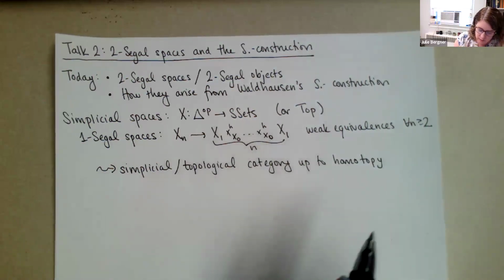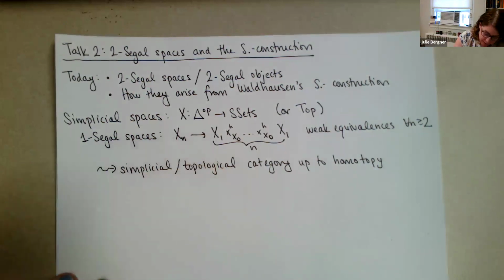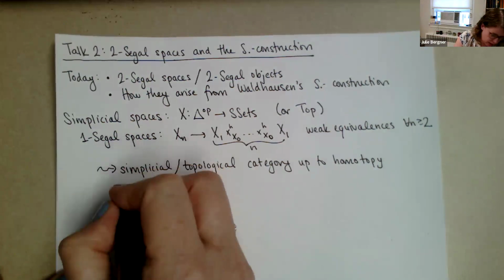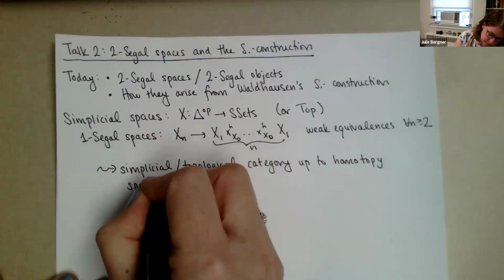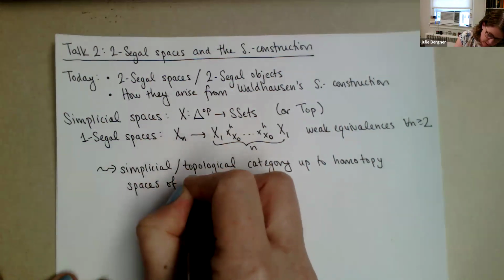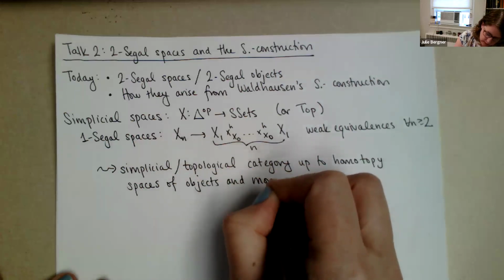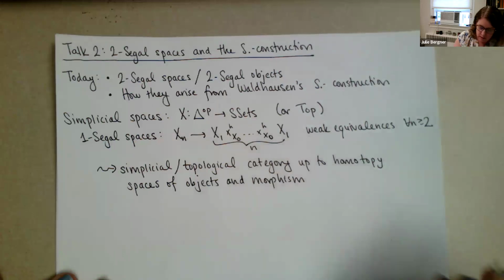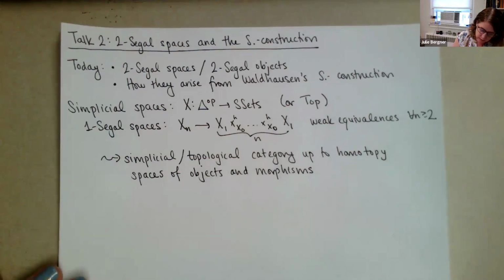We're just asking that they be weak equivalences. So everything's kind of up to homotopy. And notice, because it's a little ambiguous sometimes what you mean by a simplicial category, these are things that have both spaces of objects and morphisms. So X0 is like a space of objects and X1 is like a space of morphisms.